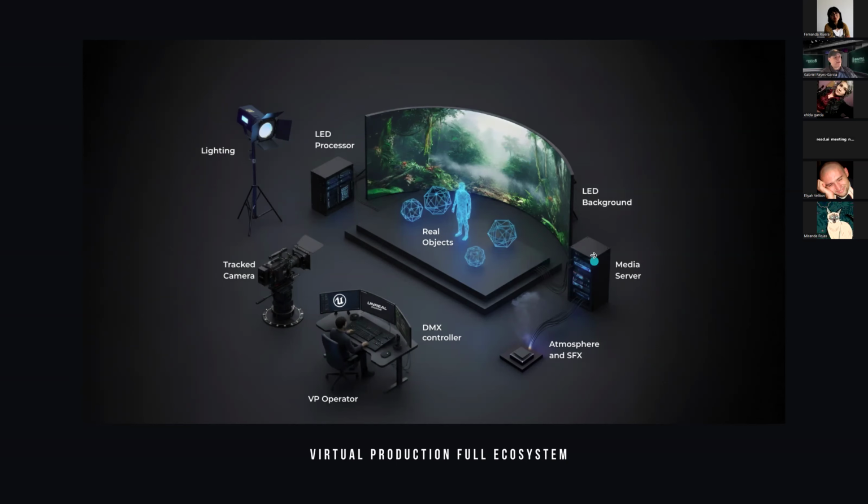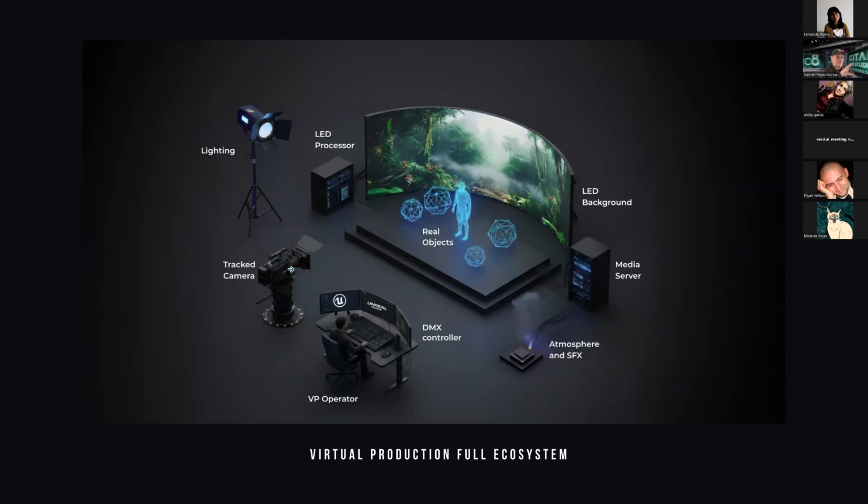And also we have, with the same weight of importance, I think, the media server. The media server might also be on the expensive side because you need a very powerful computer to display your environments in real time. Why is this? Because the computer needs to process the camera movement.